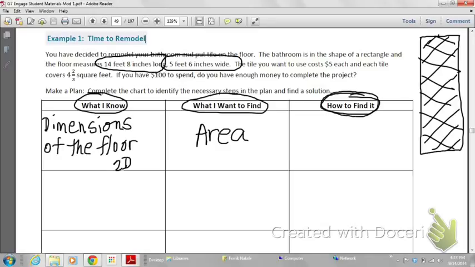There are a few more things that you know, and I want you to go ahead and figure out what you need to find out from using those things that you know, and then how to find it. Okay? So all I want to know is how. I don't want you to actually find the area. I want you to tell me how you would get that area most effectively. So go ahead and work on that for a while. It could take some time. Take whatever time you need. Come on back when you're done.